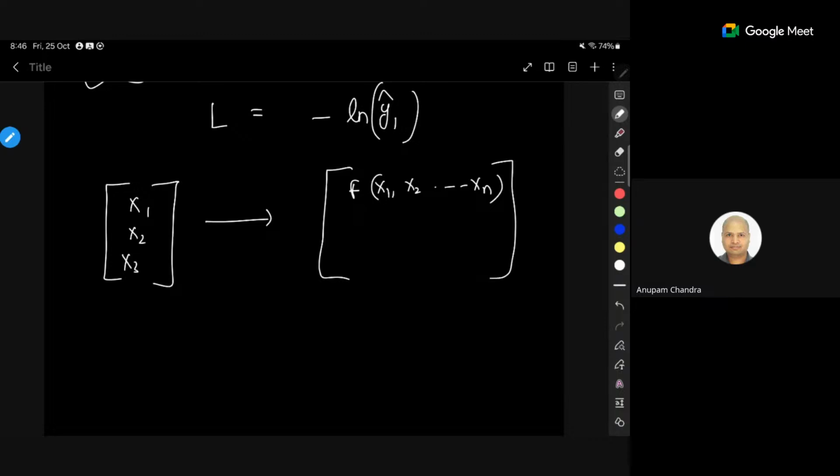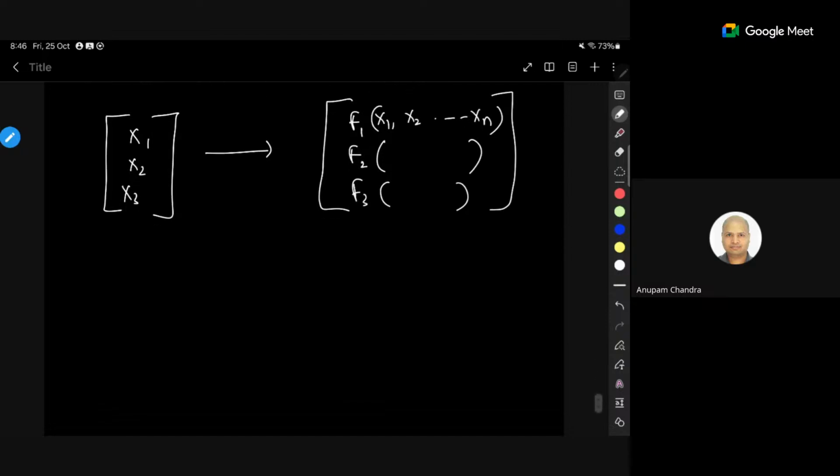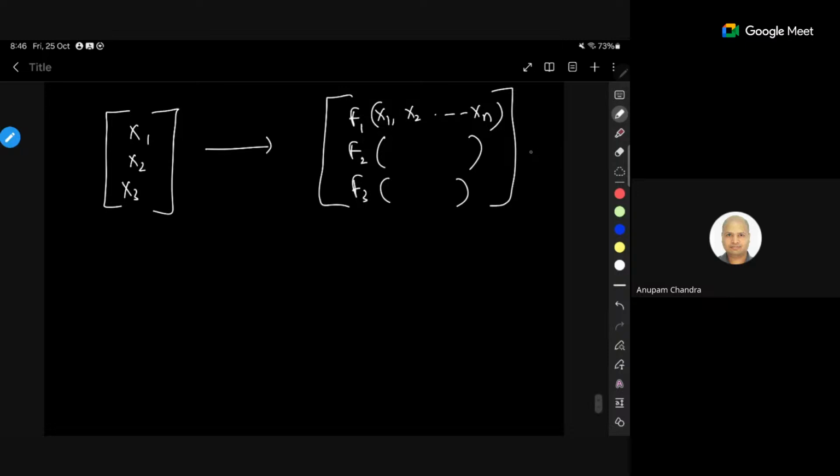Whatever, doesn't matter. And then f1, f2, consider all of them, f3. Maybe you can call this, let's say, capital F, which contains all these values of f1, f2, f3. And let's call this x.